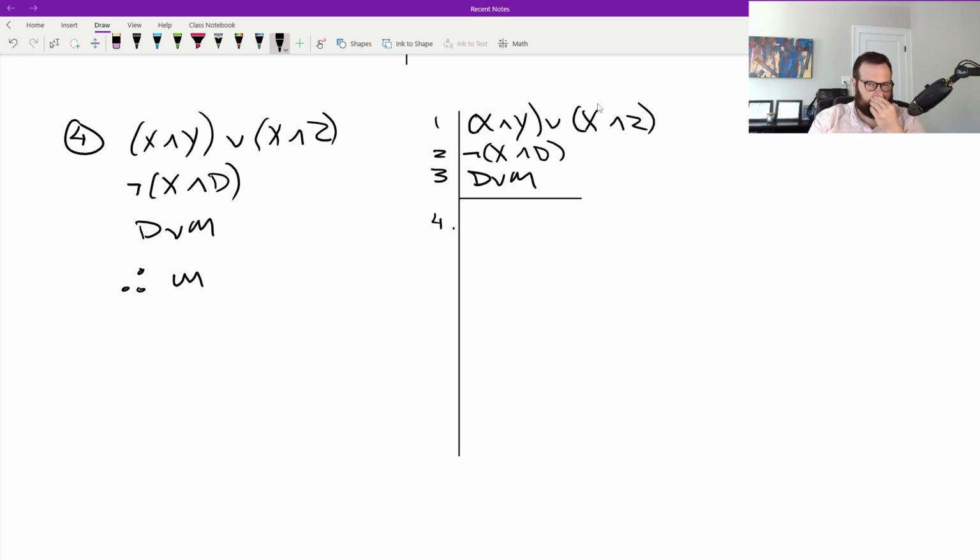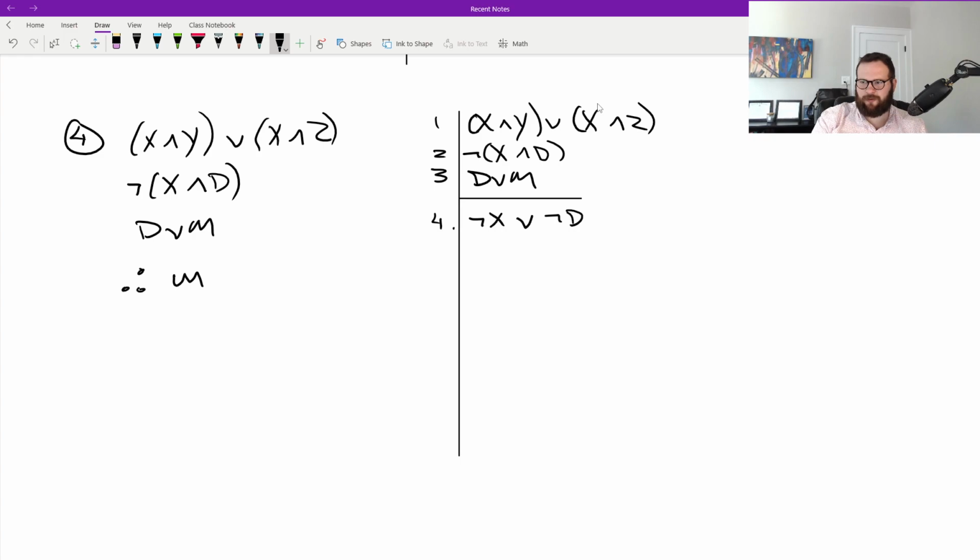Okay, so the first thing that I notice is that I have a conjunction that could be transformed using De Morgan's. So I'm going to go ahead and do that. More information is better than less information, right? So that's going to be not X or not D, okay?